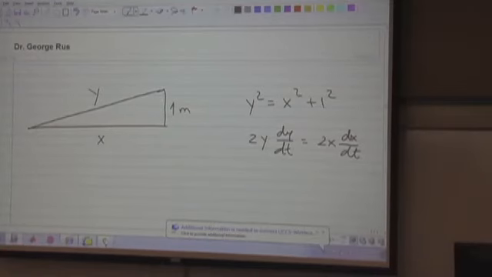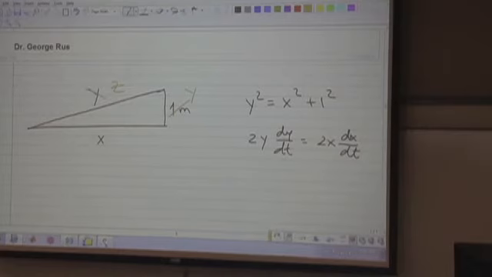Does that work? It does as long as you realize that dy over dt is 0, because it doesn't change. As long as you keep that in mind, because that distance is fixed, then it works. You kind of make your life a little more complicated, but it doesn't matter. It does work in the end.